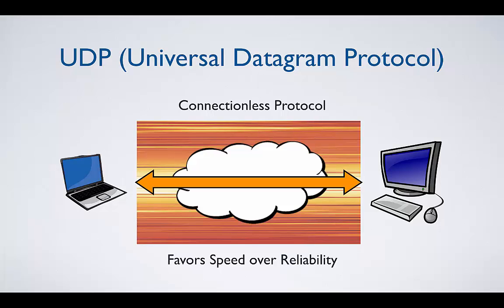Now, what does that mean? Suppose I'm doing some kind of live video chat with someone on the other side of the world. Well, I want as little lag as possible, so I'm going to use UDP. But what about packet loss? Well, packet loss is going to affect the quality of the audio or the video.